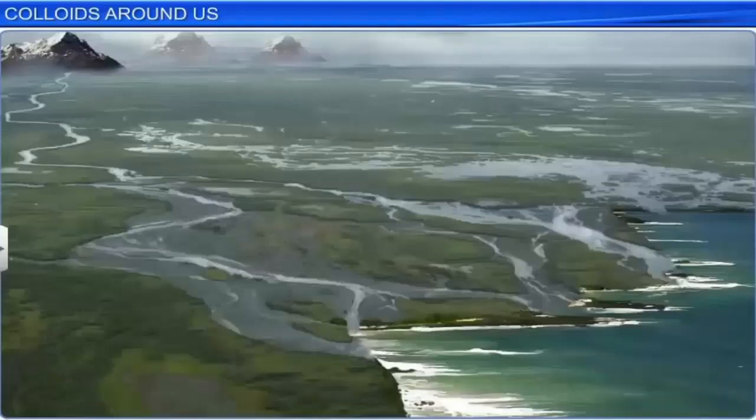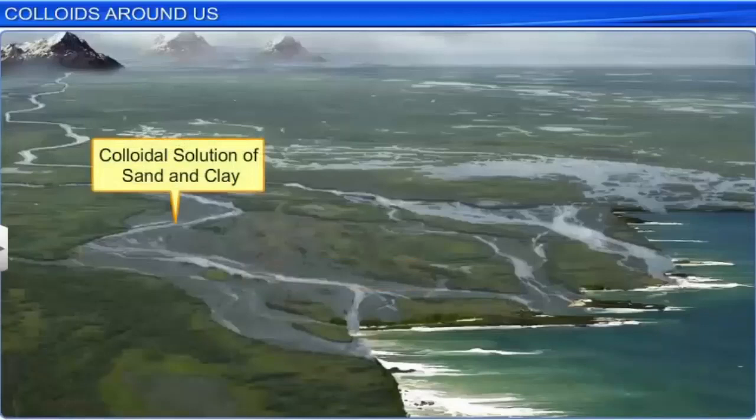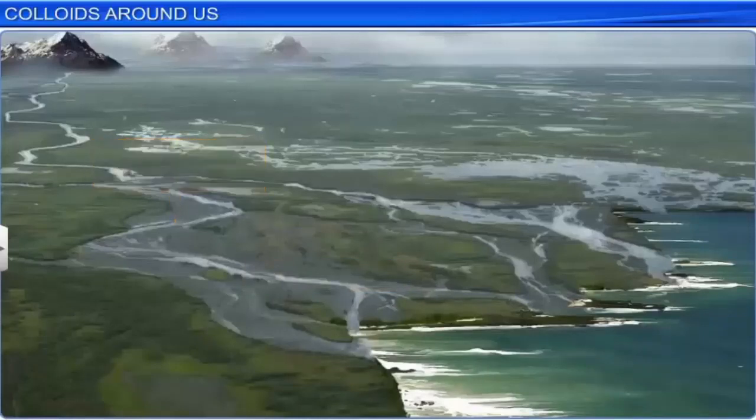Another interesting example is the formation of a delta at the mouth of a river, when it meets the sea. River water is a colloidal solution of sand and clay, which carry a negative charge. Sea water contains a number of electrolytes of sodium, magnesium, and calcium.